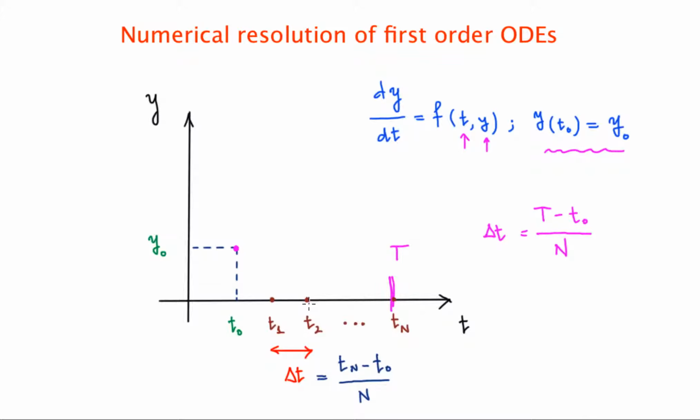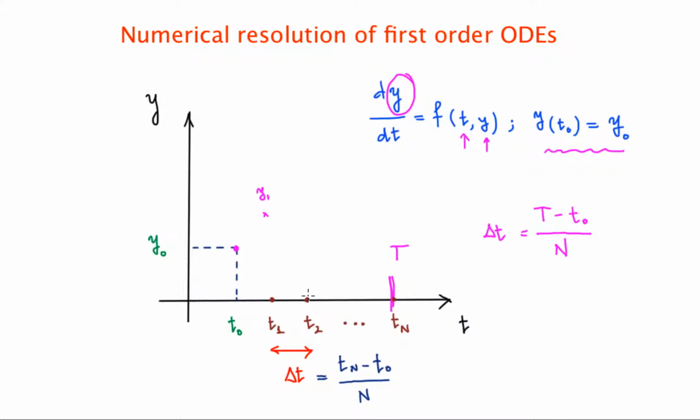And once we have predefined this mesh, the aim will be to apply different numerical methods in order to get the solution for this equation here, and to get the value of the y function for each time step we have defined in the mesh. So let's consider that applying that method, we get that the y function evaluated at time t1 is, let's say, for example, this value, which we're going to call y1.